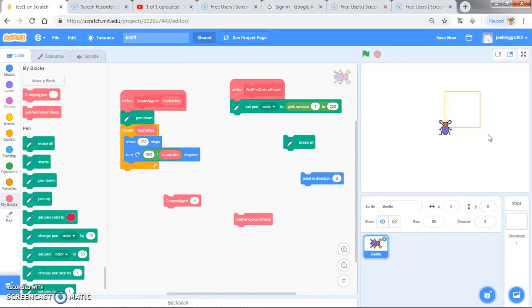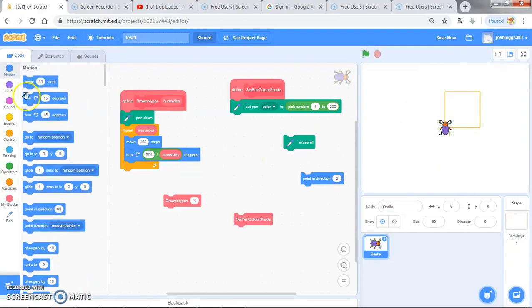Now, if we have 10 petals, we need to turn this little beetle who does our drawing. We need to turn him a tenth of a full turn, and then keep repeating drawing the square, don't we? So a tenth of a full turn would be 360 divided by 10, which is 36.